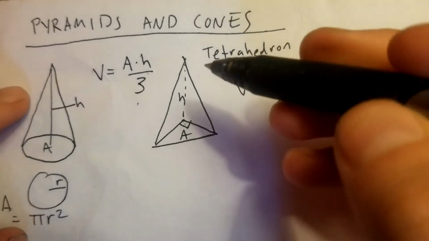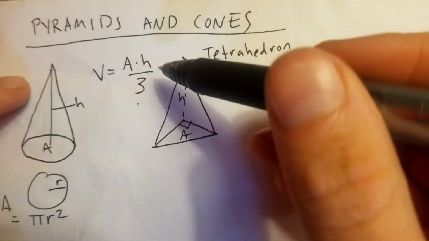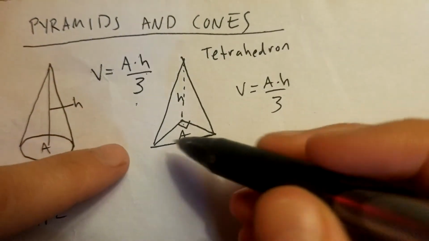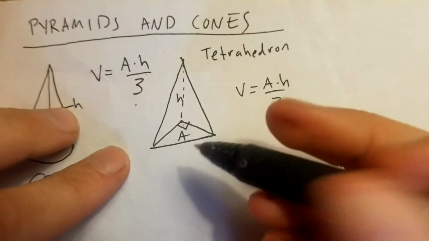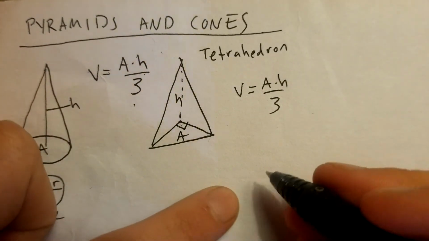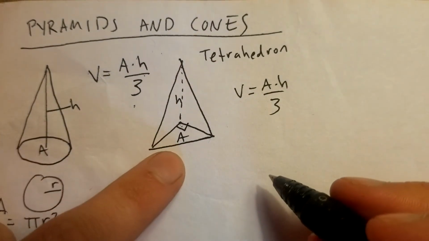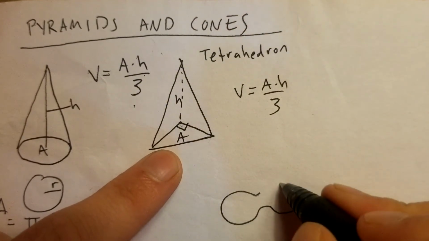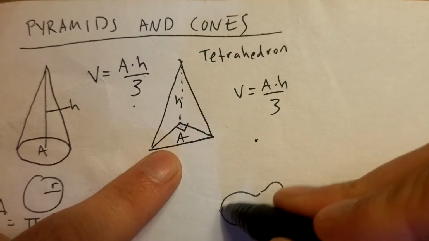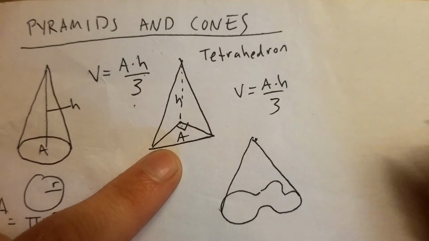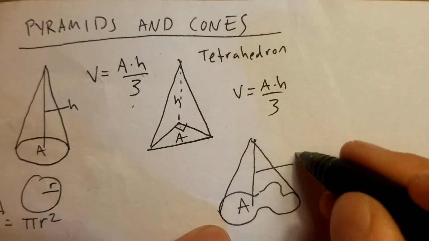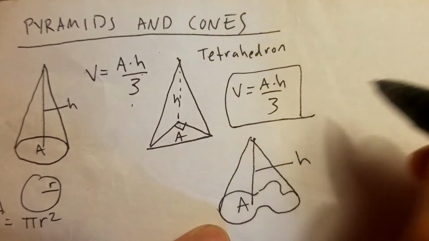Any geometric shape that gets tapered off like this is always going to have this formula. Even if it's not a circle or a triangle, it could be any shape. As long as you know what the area is of the base and the height, you can solve for its volume.